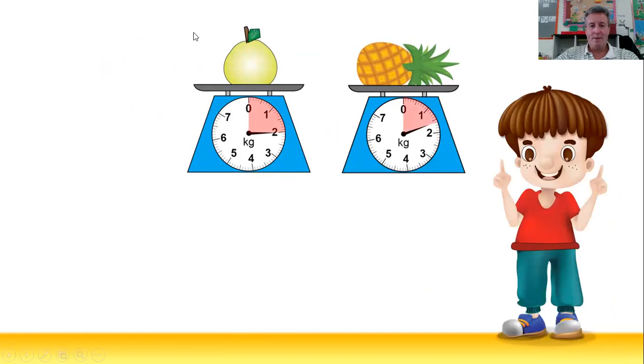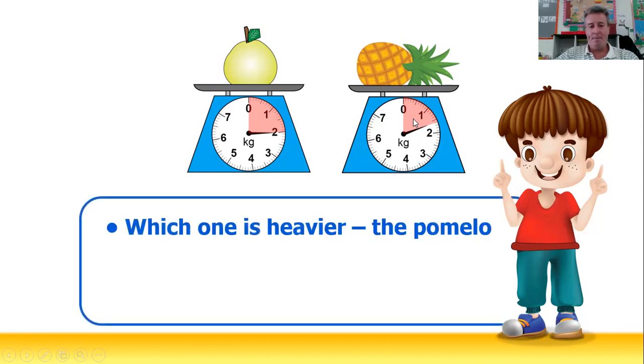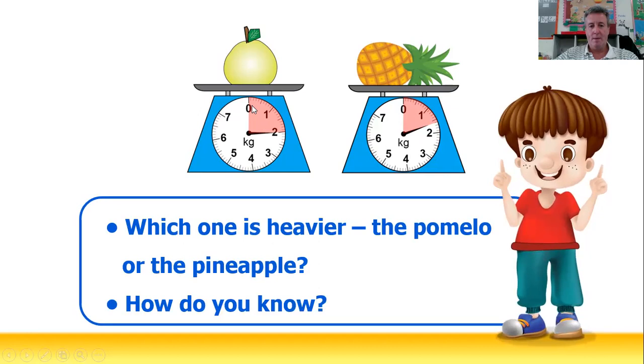Okay, this is the pomelo, is it? 2 kilograms, and the pineapple is 1 kilogram 6 kg. So we can say 20 minus 16. How do we know which one's heavier?